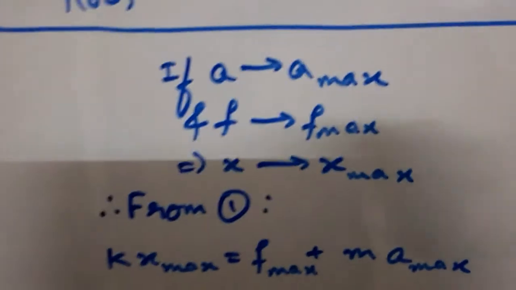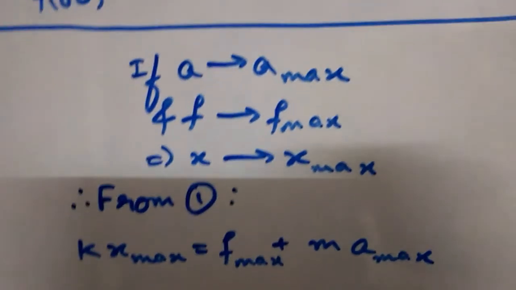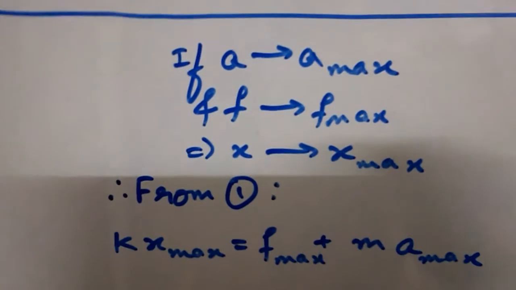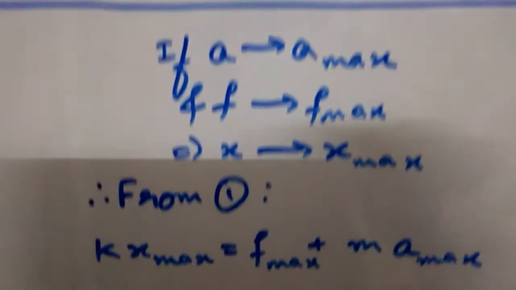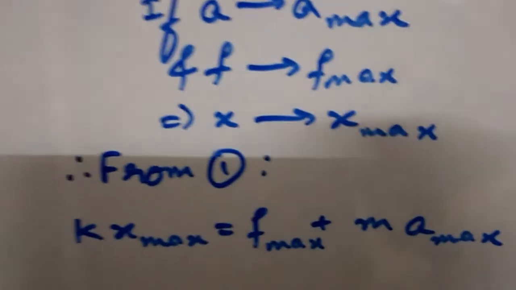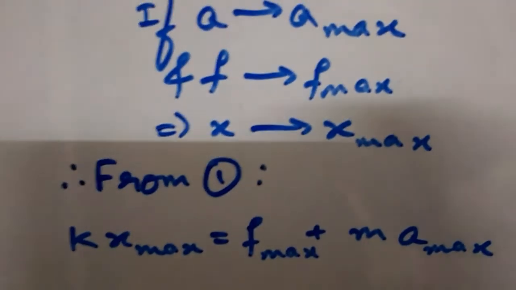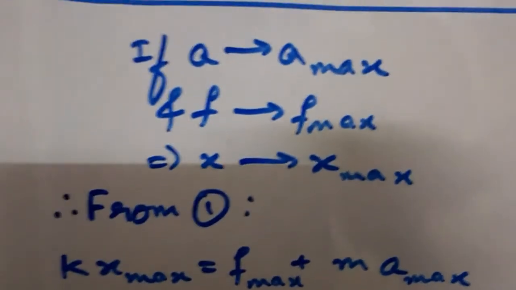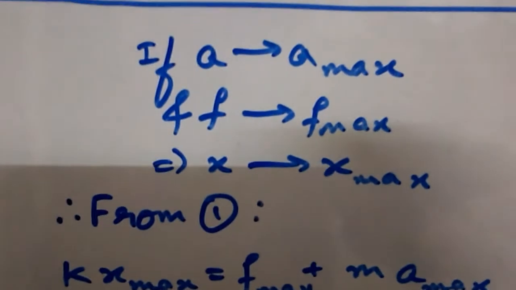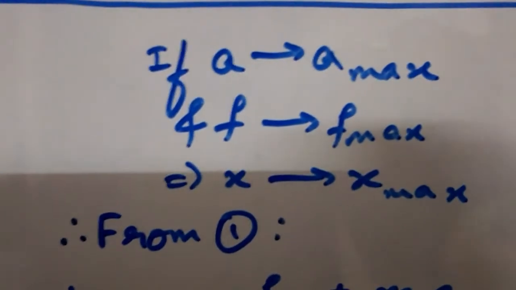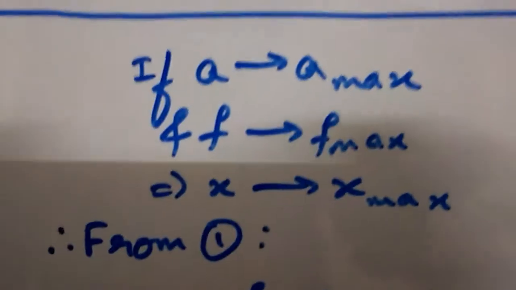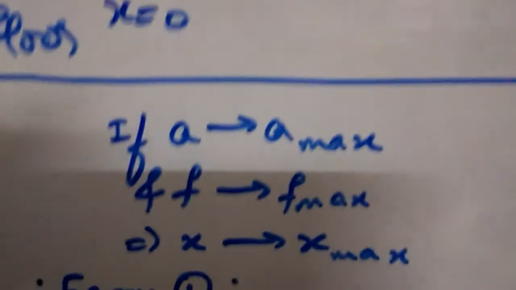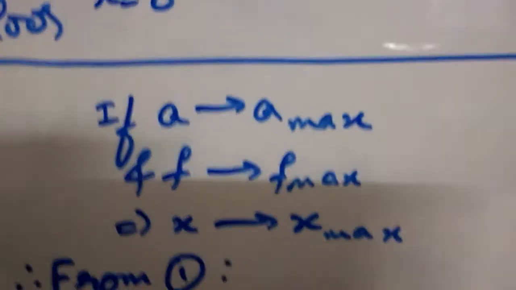As acceleration tends to acceleration maximum and friction tends to friction maximum, x will tend to x maximum. This is nothing but the maximum amount by which we can displace the system so that the complete system can oscillate as a whole.